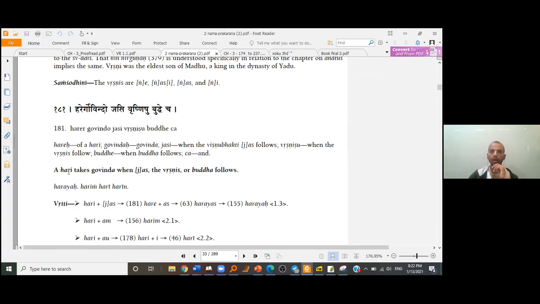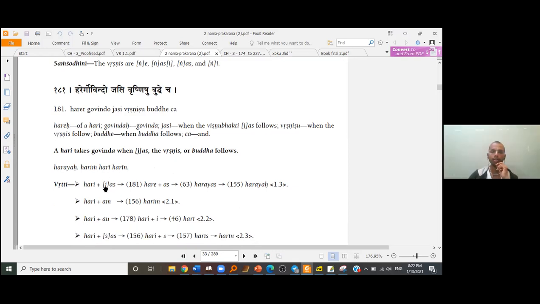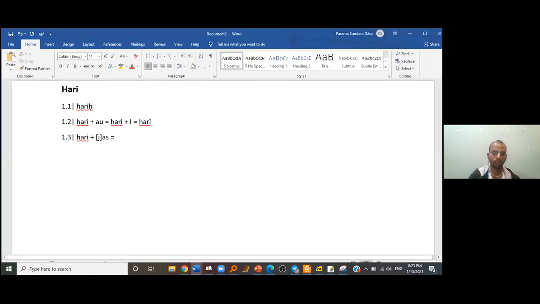So now if Hari takes Govinda, what will happen? The E Rama will change into A Rama. Idvasya A. So Hare Govinda Jasi Vrishneshu Buddhecha.